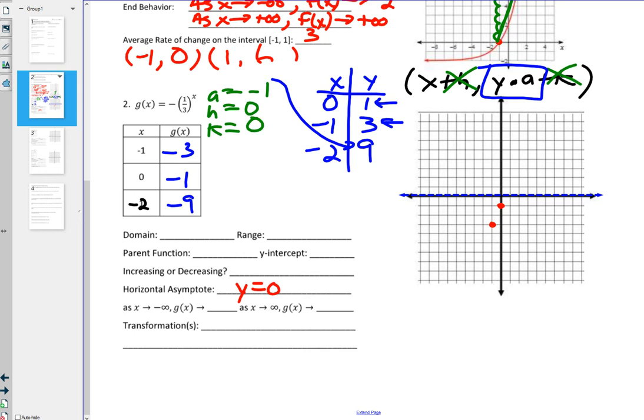Try your best to sketch what an exponential would look like. If you understand transformations, it doesn't have to look perfect. We can even answer the question here at the end because it does ask for transformations. What's the only transformation that this function underwent?